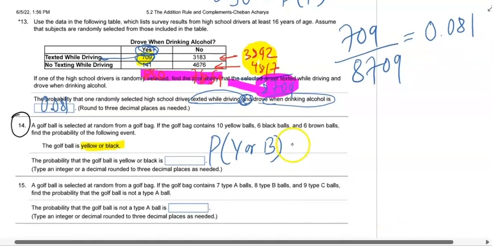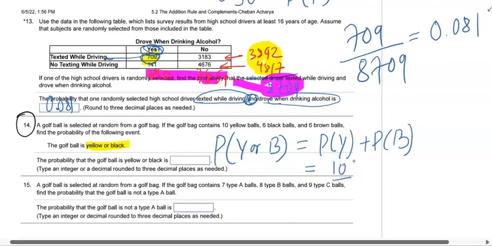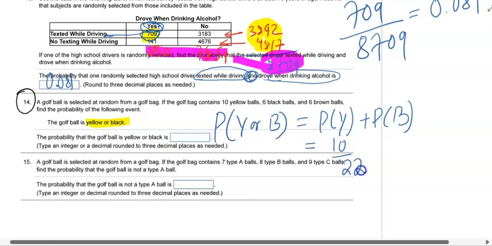And so the formula is going to be probability of yellow plus probability of black. And what's the probability of yellow? How many yellow here? 10, out of how many balls? Remember that 10 plus 6 is 16, 16 plus 6 is 22. 22 plus how many black? 6 divided by 22.